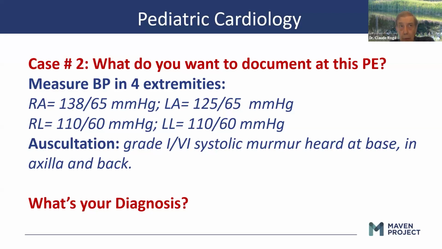Normally, as we said before, the systolic blood pressure is a little higher in the legs than in the arms, and the diastolic blood pressure is a little lower in the legs than in the arms. And here you can see that in that patient, he has definitely hypertension in the right arm, borderline in the left arm, and then a normal blood pressure in the legs.